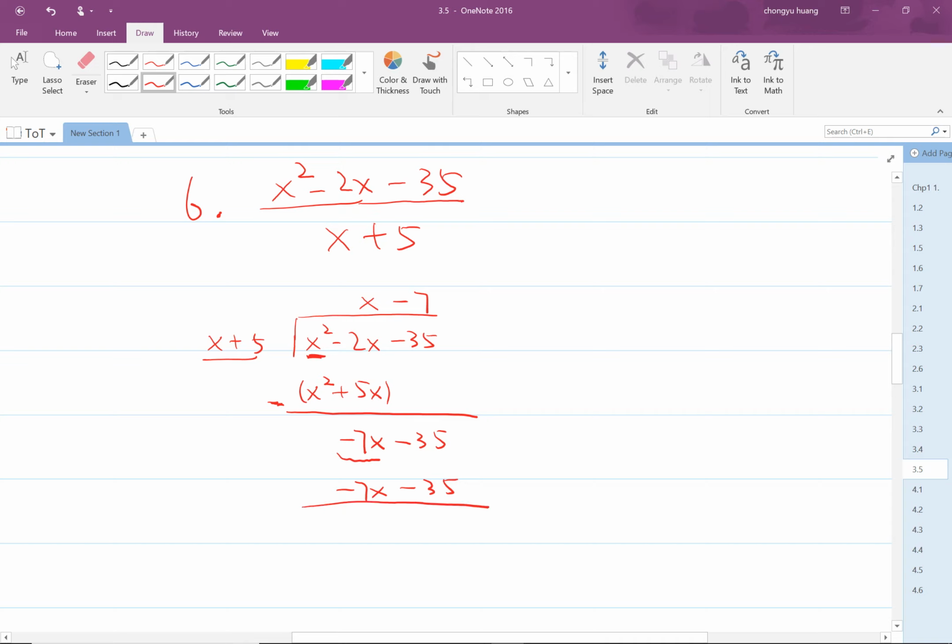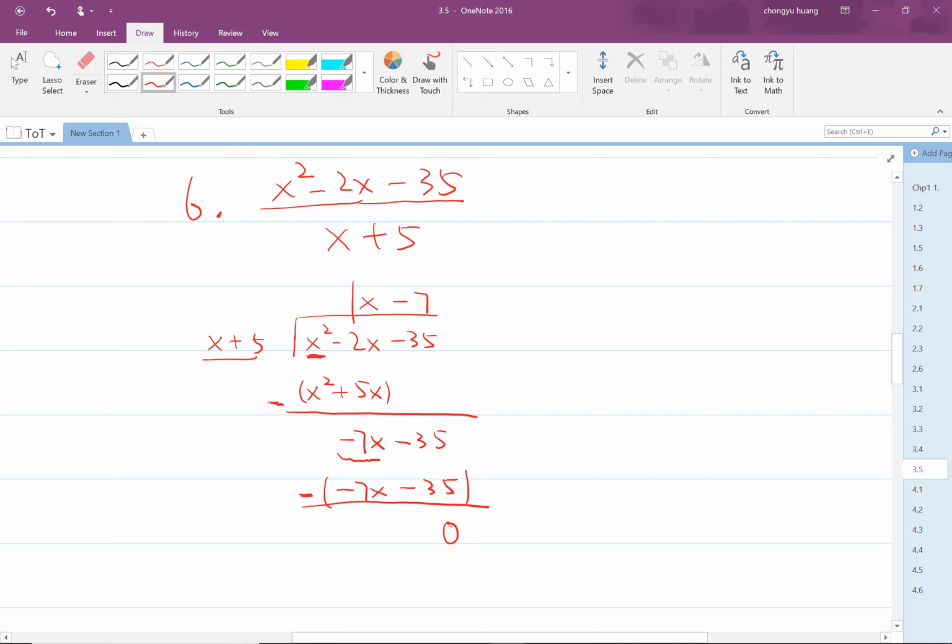Negative 7x minus 35, and then you subtract it. Negative 7x plus 7x equals 0. Negative 35 plus 35 equals 0. So we got 0 left.